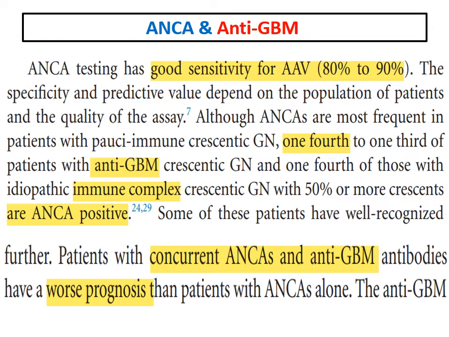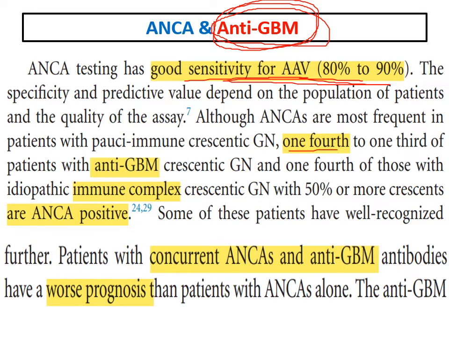What about what is called double positivity for ANCA and anti-GBM? Can we find a patient to have ANCA and anti-GBM antibodies positive in the same patient? Yes, we can find that. ANCA are very sensitive for ANCA-associated vasculitis.